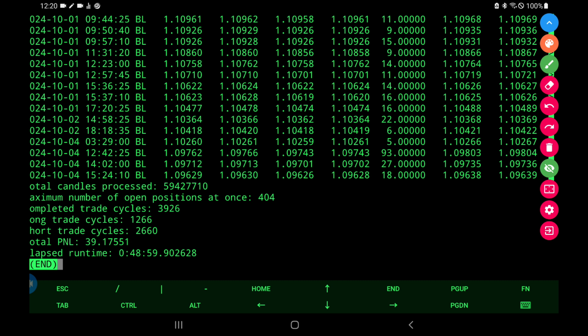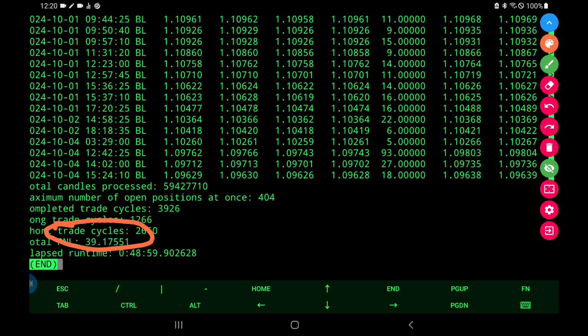My overall P&L for this account, for this test, was 39.17. Exceptional. This tells me I'm going to make money if I actually put this in a live market, but never put a backtest in a live market.